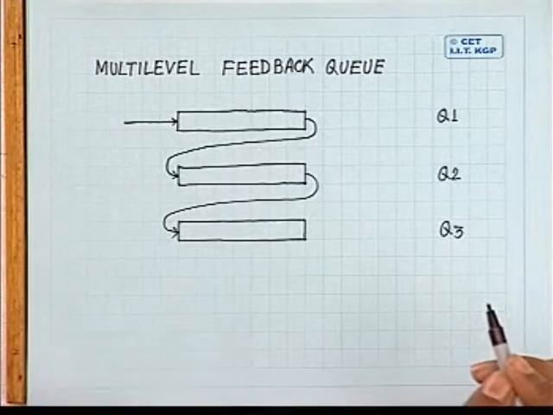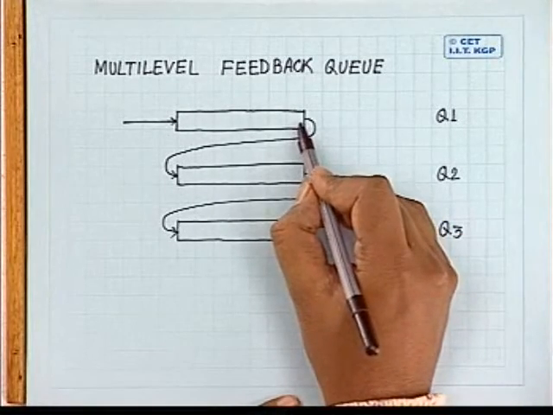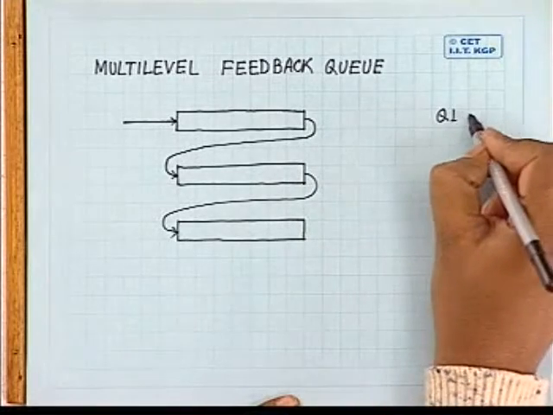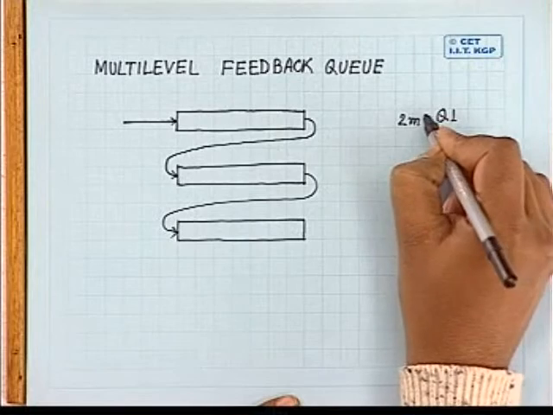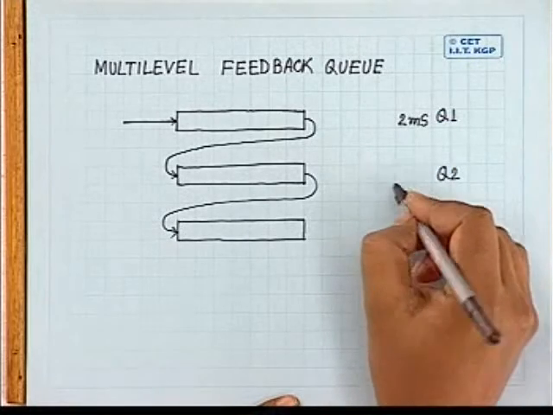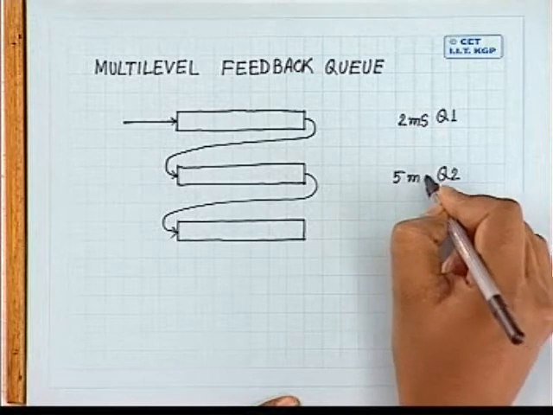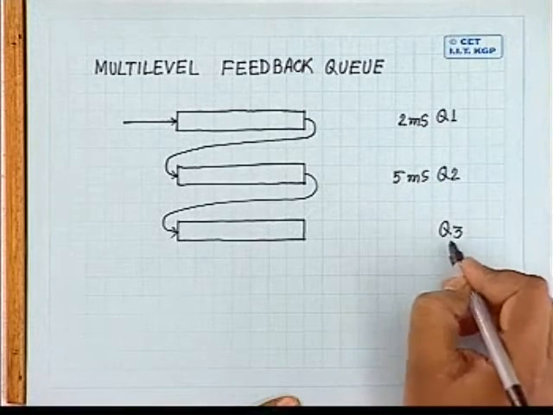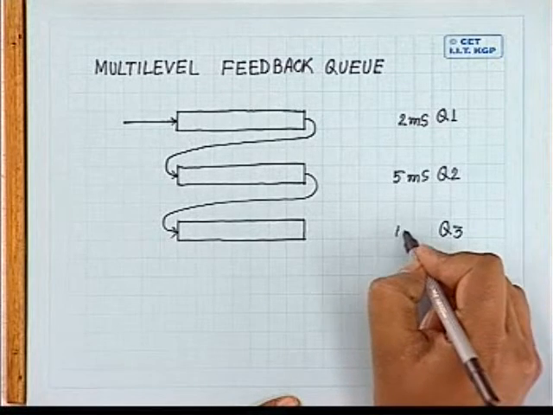As before, I will set the time quanta for Q number 1 to be 2 milliseconds, time quanta for Q number 2 may be 5 milliseconds, time quanta for Q number 3 is more than that, I can make it say 10 milliseconds.